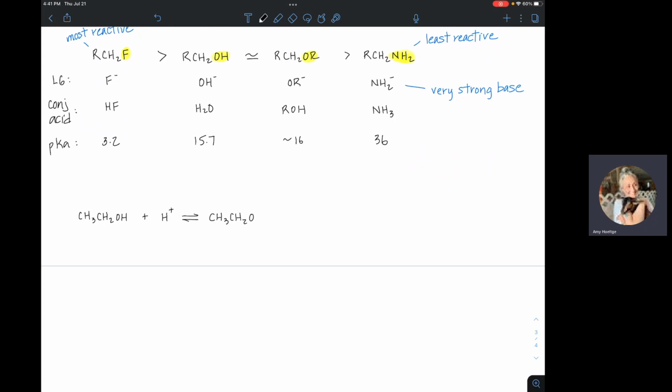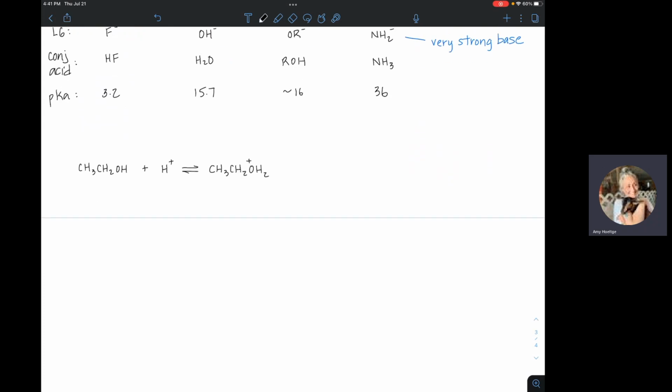Activates the molecule toward attack, doesn't it? Because this right here is a good leaving group. We have protonated the alcohol.